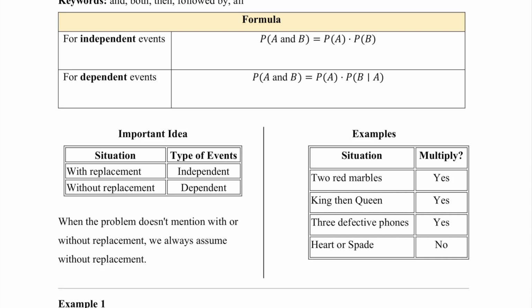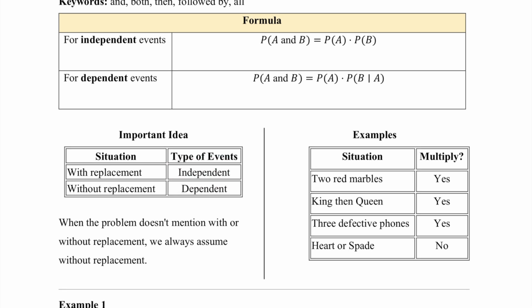If an item is selected and then returned before the next selection, we call that with replacement. Because the item is returned, the total number of objects stays the same. The probabilities do not change. Those events are independent. If the item is not returned, we call that without replacement.